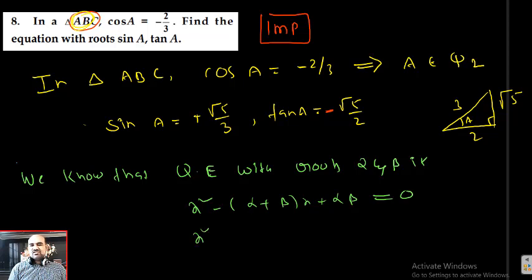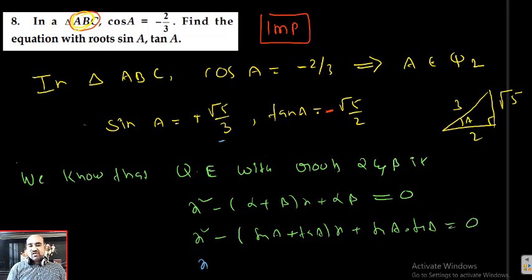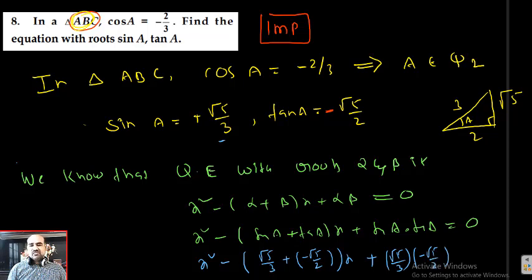So our answer is x square minus (sin A plus tan A) into x plus sin A into tan A equal to 0. x square minus (root 5 by 3 plus half, that is minus root 5 by 2) x plus root 5 by 3 into minus root 5 by 2 equal to 0.